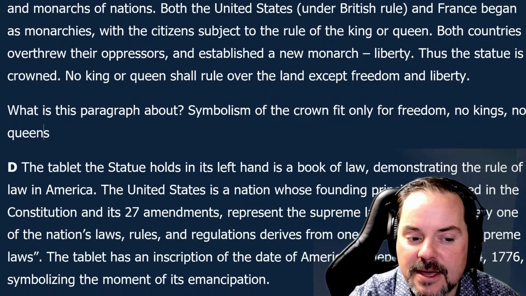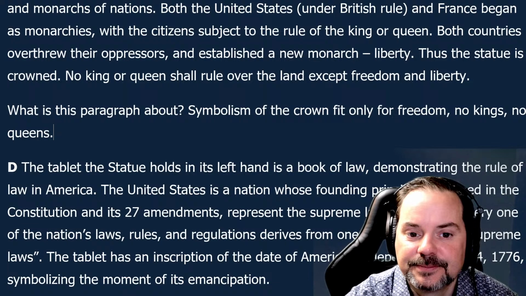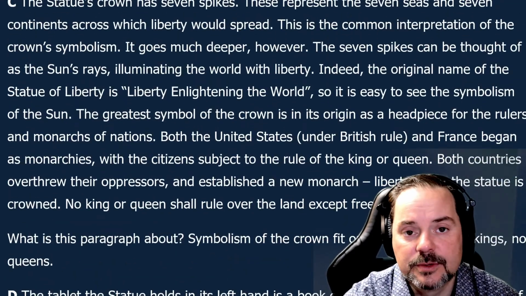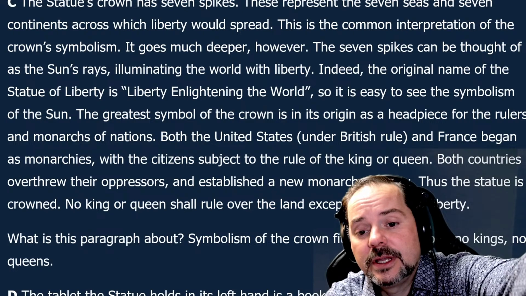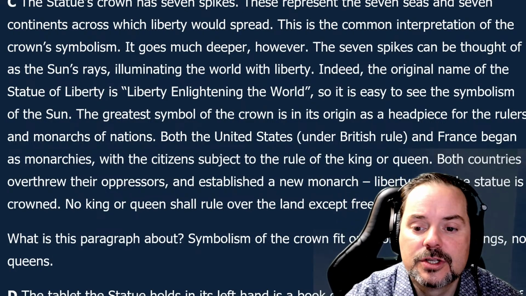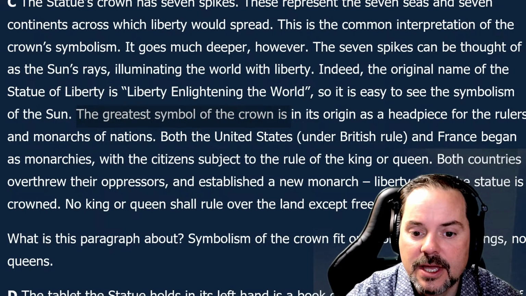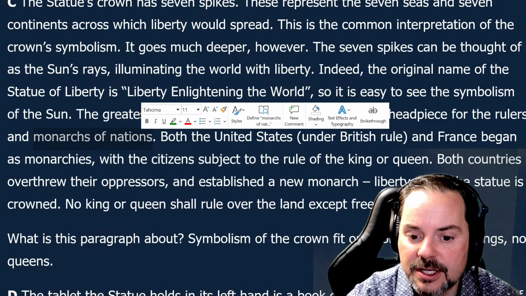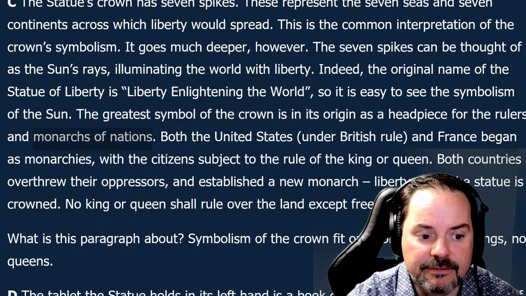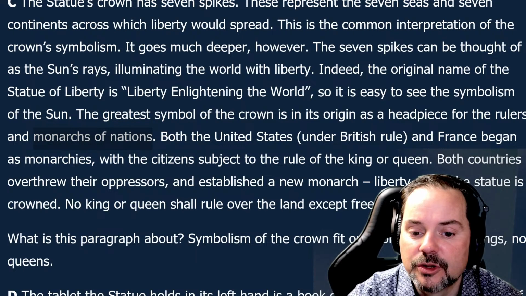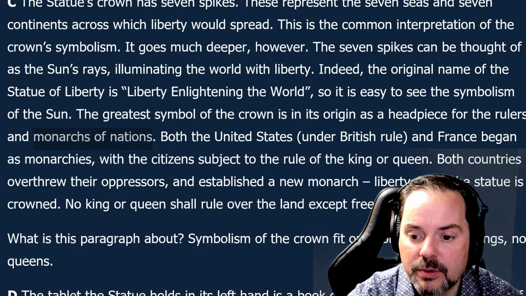Right? Did you understand that from the passage? Now I understood it. Yeah. Okay, so if you don't understand these parts, what you should do, everybody at home, is read the paragraph again. So here it says, the greatest symbol of the crown is in its origin as a headpiece for the rulers and monarchs of nations. Both the United States, under British rule, and France began as monarchies, with the citizens subject to the rule of the king or queen.